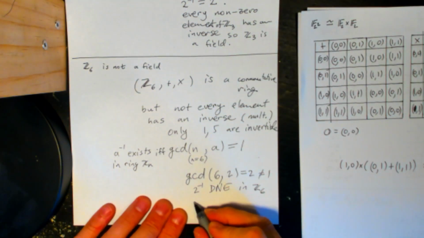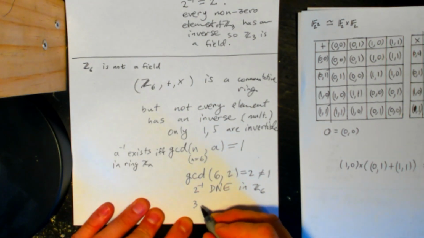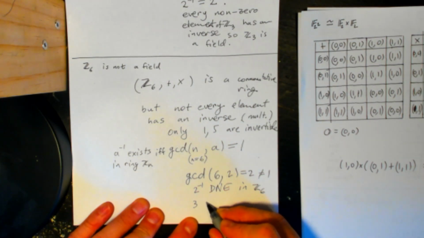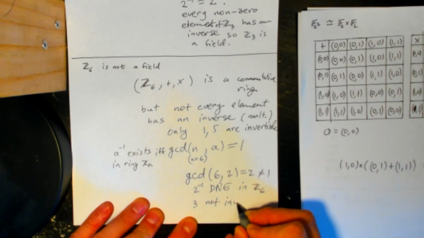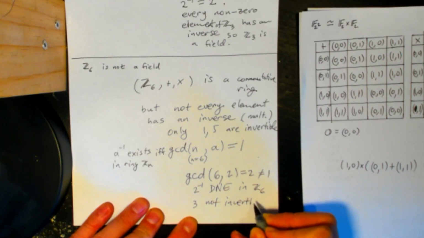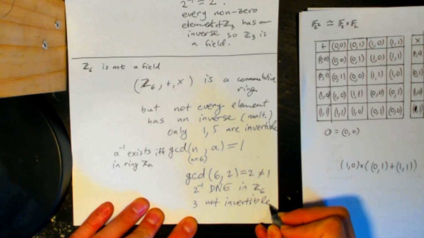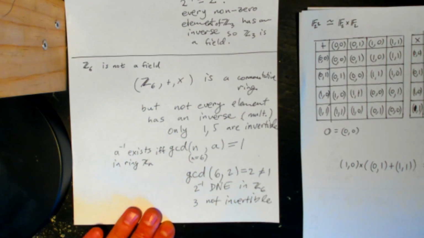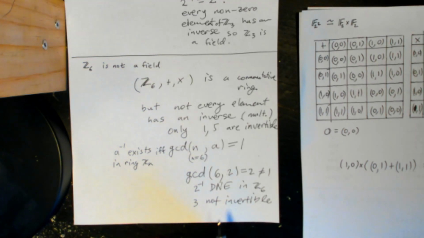Similarly, 3 is not invertible, for the same reason that the GCD of 6 and 3 is equal to 3, which is not 1. And 6 and 4 have a GCD of 2.